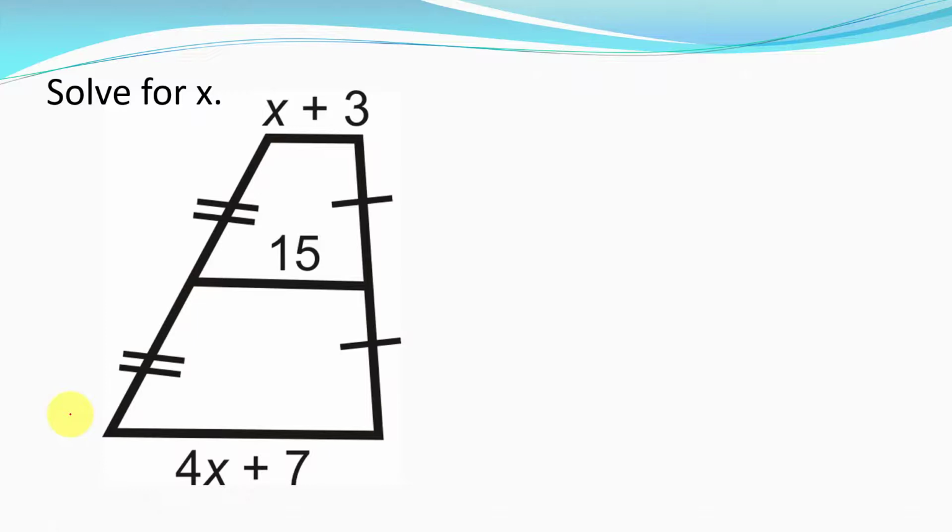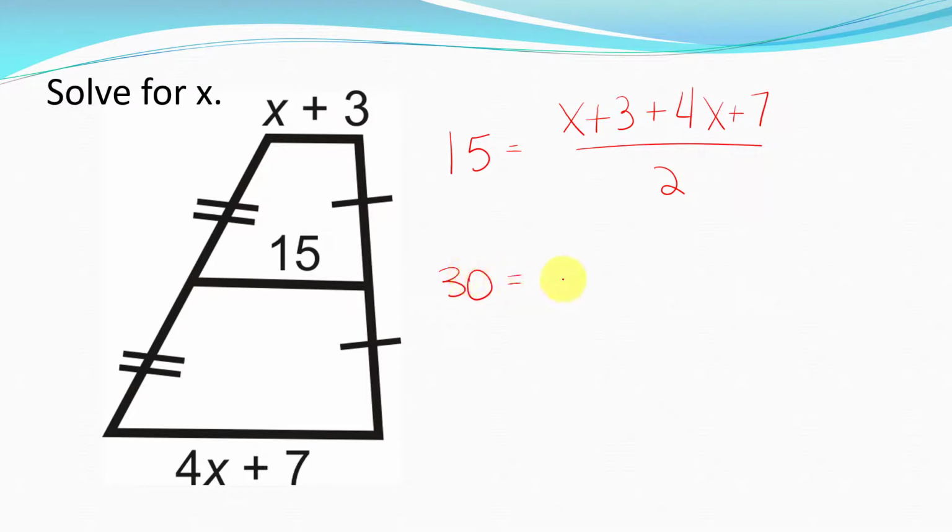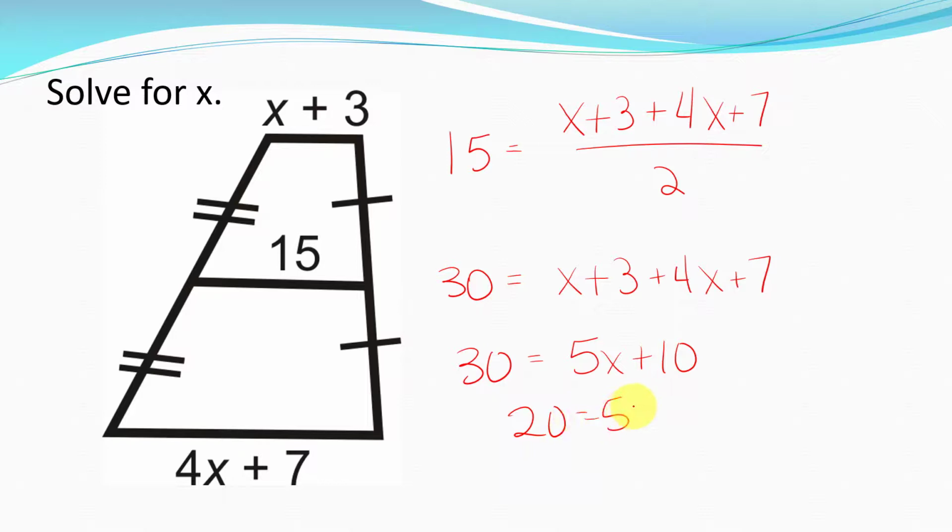All right, for this one, 15 is the average between x plus 3 and 4x plus 7, the two bases. To solve this, multiply both sides by 2, so I get 30 equals x plus 3 plus 4x plus 7. 30 equals 5x plus 10. Subtract 10 from both sides, 20 equals 5x.